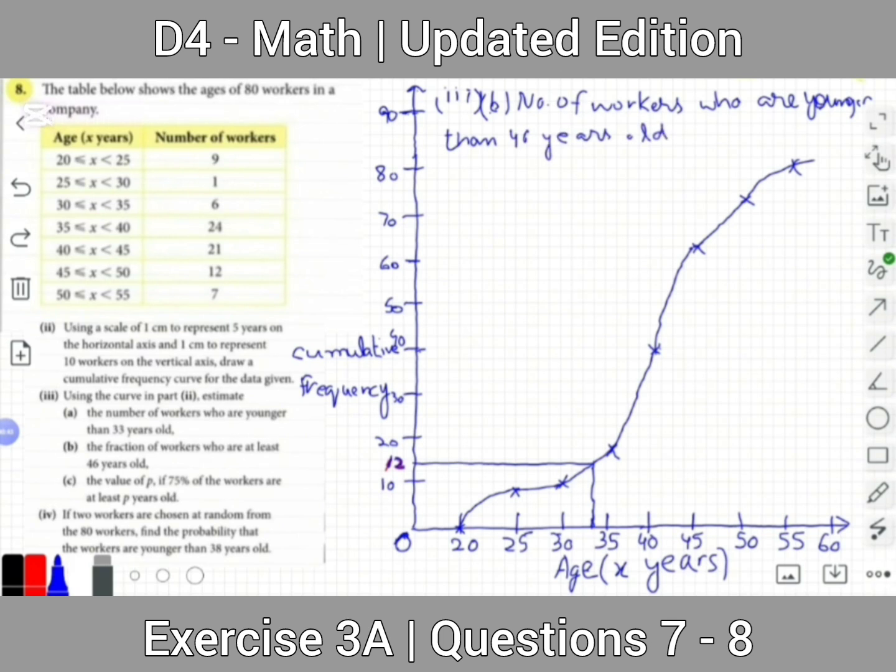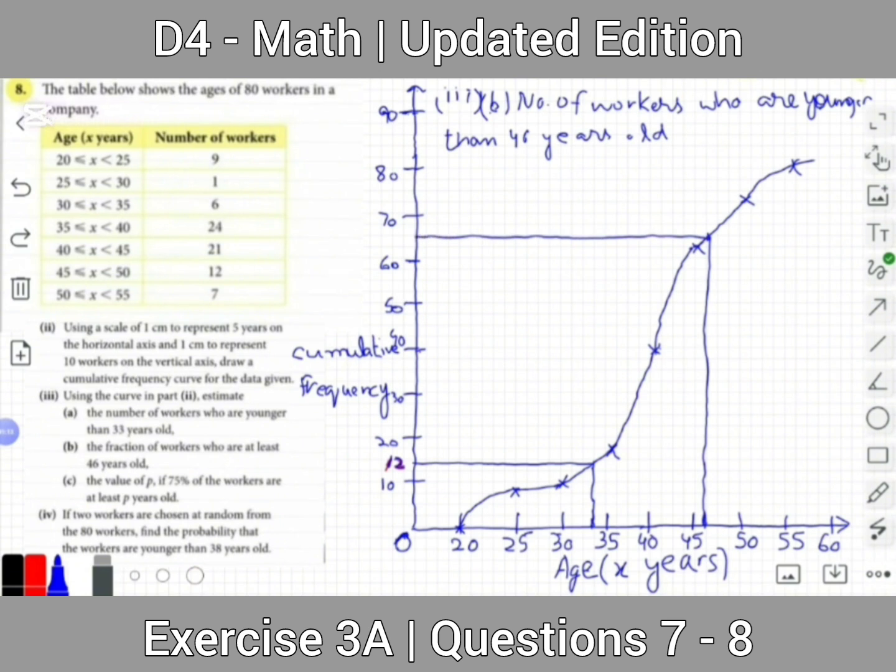So from the curve we have 46 somewhere like here. So from 46 on the horizontal axis, we will draw a vertical line until it touches or intersects the curve. Now from the point of intersection on the curve, we will draw a horizontal line until it touches the vertical axis.